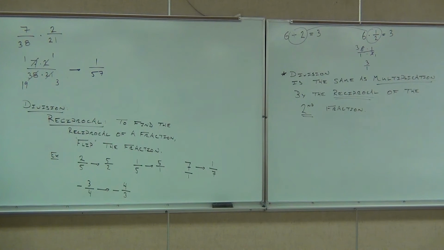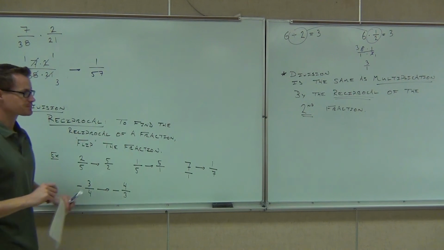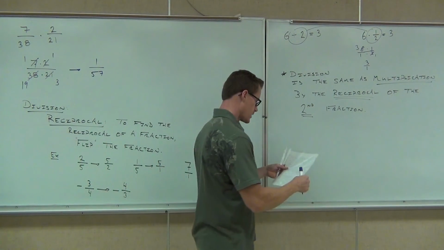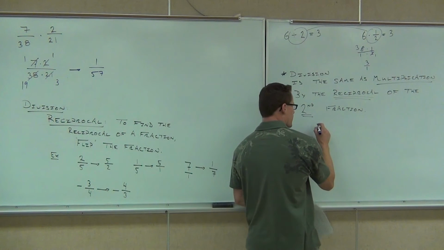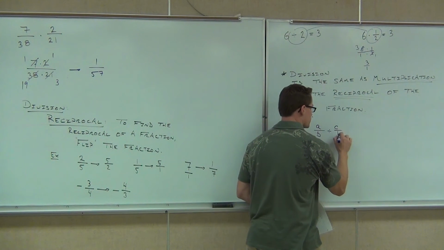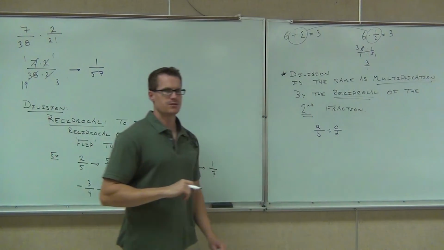Division is the same as multiplication by the reciprocal of the second fraction. In other words, here's what I'm saying. Take a look at the board with me real quick. Let's use some general letters. So if I had some fraction divided by some other fraction, A over B divided by C over D.